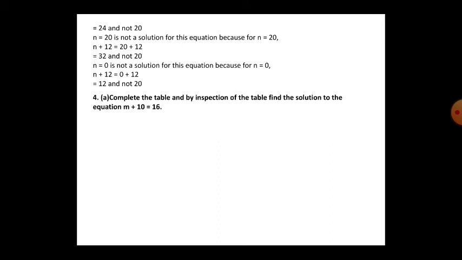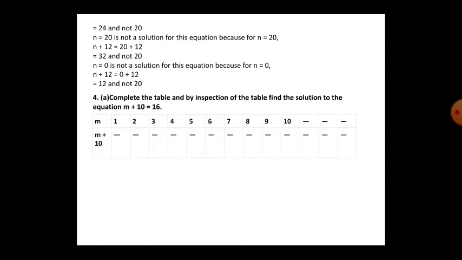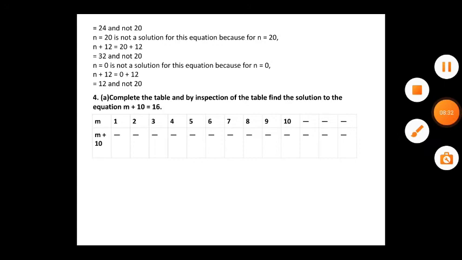Complete the table and by inspection of the table find the solution to the equation m plus 10 equals 16. See here, you have to complete the table by the inspection method. Same thing, you have to substitute values for m. So m equals 1, m equals 2, m equals 3, m equals 4, like that, and you have to fill this box.